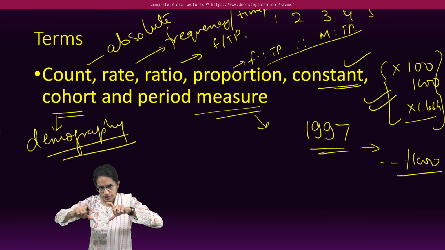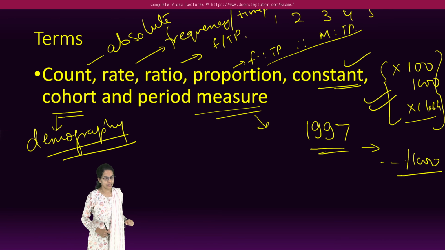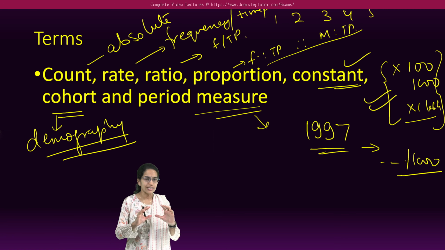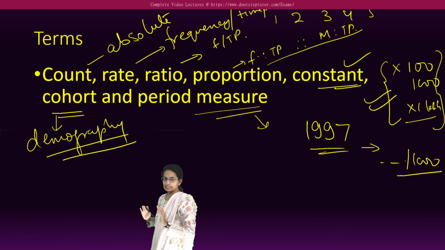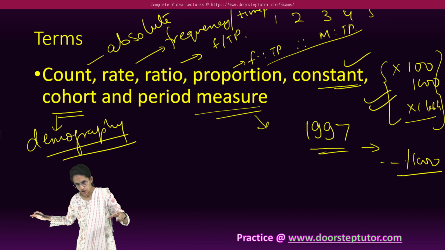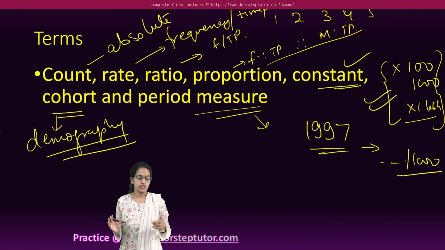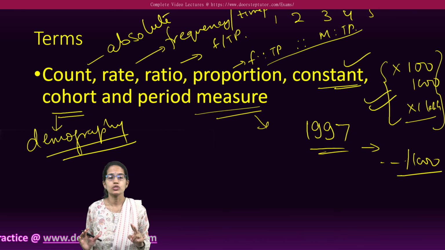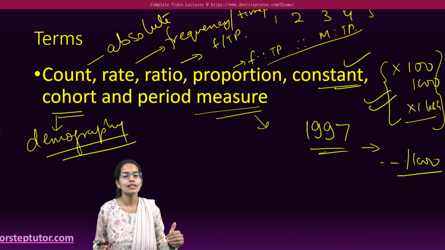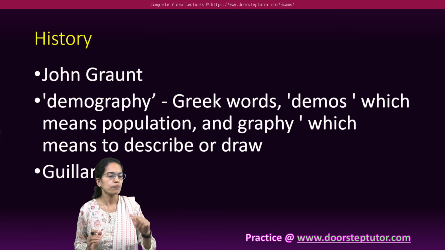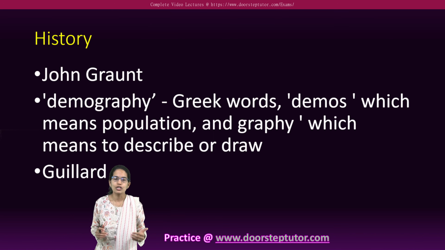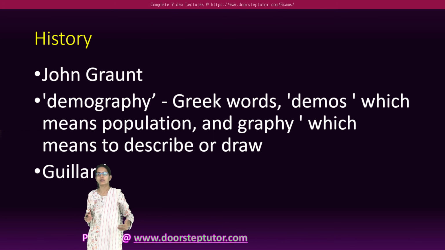So it's during this period of 1997. I'm not talking about a set of people who have common characteristics, but a duration that is common for all. So we call that a period measure. So note, there is a difference between a cohort measure and a period measure. Clear so far?